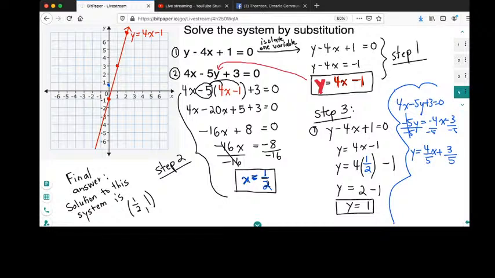Good. Okay. And then we've got a rise of 4 and a run of 5. So we're going to go up by 4. 1, 2, 3, 4. And then over by 5. That's about there.